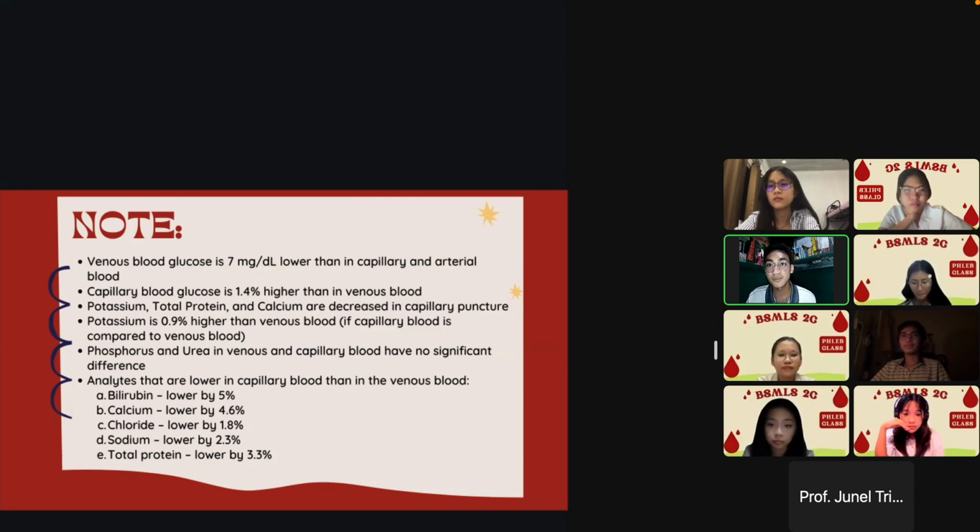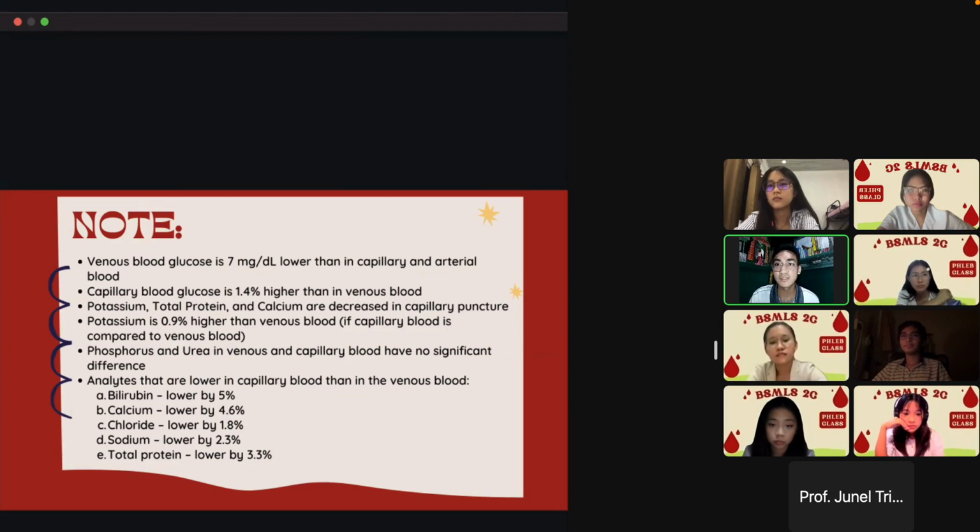For example, bilirubin is 5% lower, calcium 4.6% lower, chloride 1.8% lower, sodium 2.3% lower, and total protein 3.3% lower.